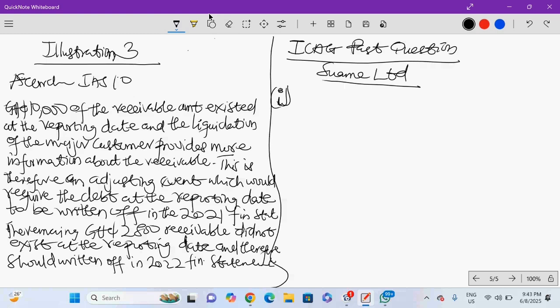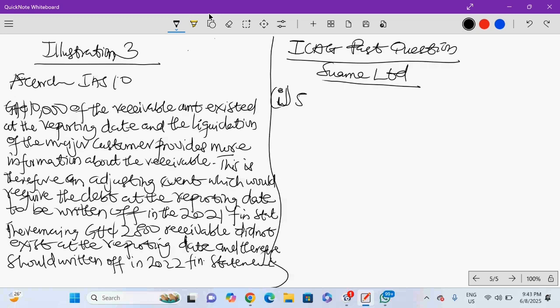When you are going to acquire another entity, and let's say the share price is 5 cedis, do you have evidence that after the financial reporting date, this share price would fall to say 3 cedis? Is it certain that it's likely to fall to 4 cedis?